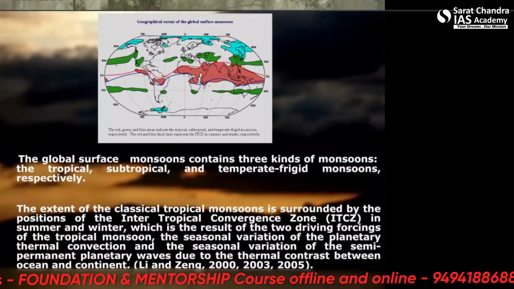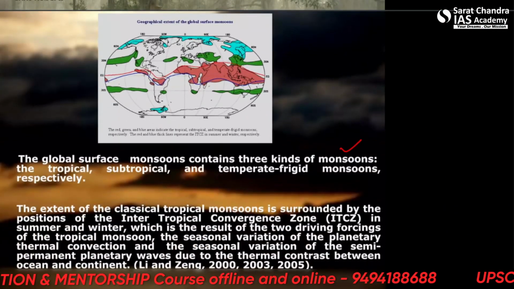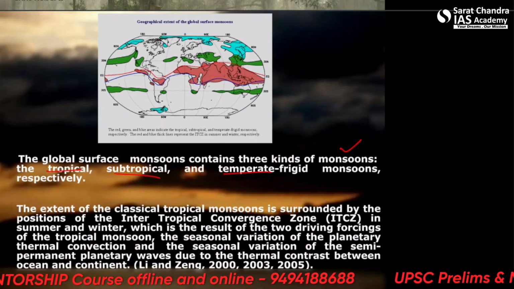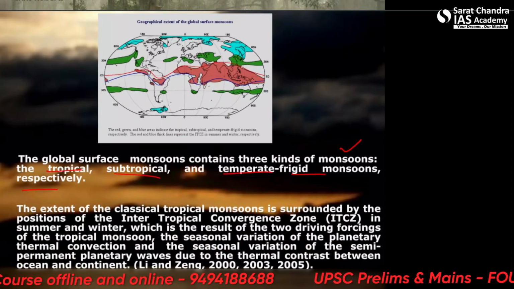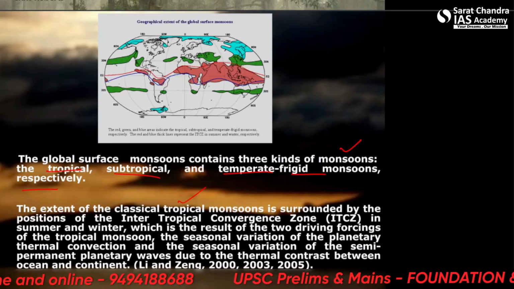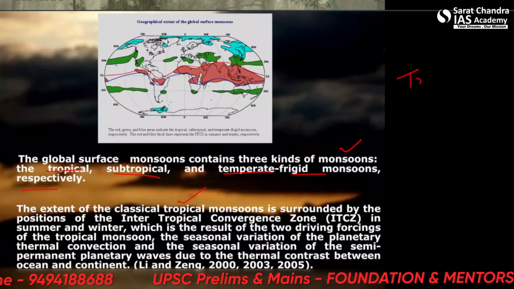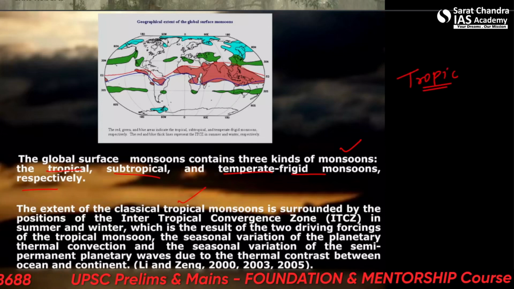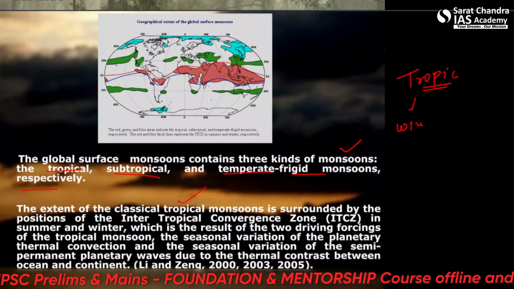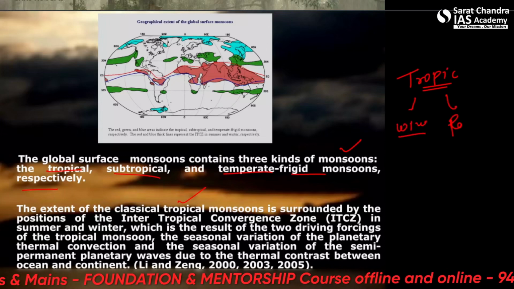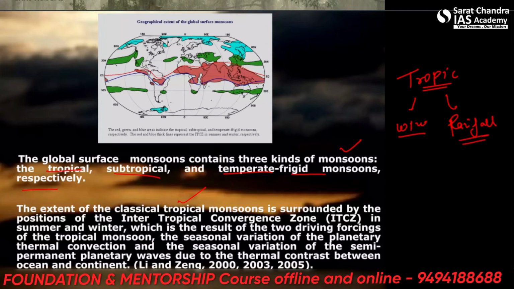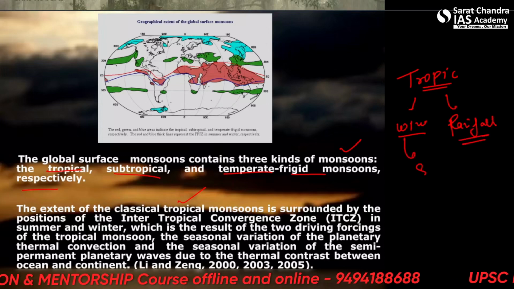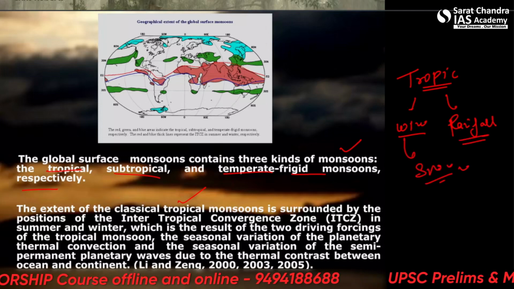So the global surface monsoon contains three kinds of monsoons: the tropical, the subtropical, and the temperate frigid monsoons respectively. We are talking about the tropical monsoon, which is associated with winds and good rainfall. The same monsoon can also bring snow in other countries in the temperate regions.